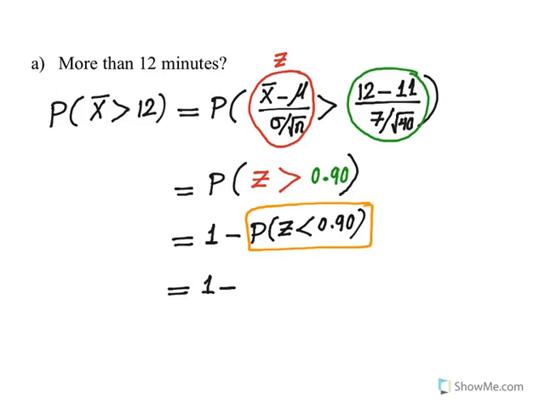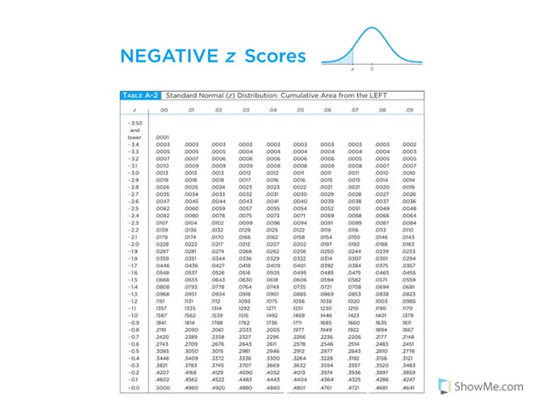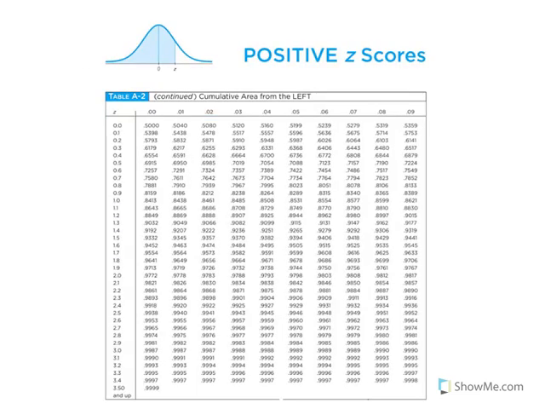So we need to find the z-score 0.90. So 0.9 is here, and this is 0, so we have it here. So I'll make it bigger, it's 0.8159. Of course, what is this? This is the probability that z is less than 0.9.